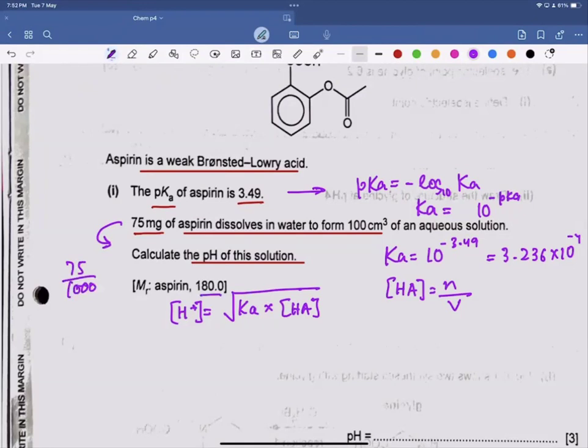So 75 exponent minus 3 over 180 gives me the moles, right? Divided by 100 cm cubed, over 1000 to turn it into dm cubed. Can anyone calculate it and tell me the answer, please?